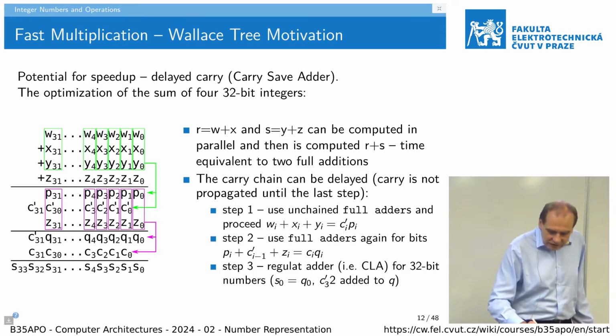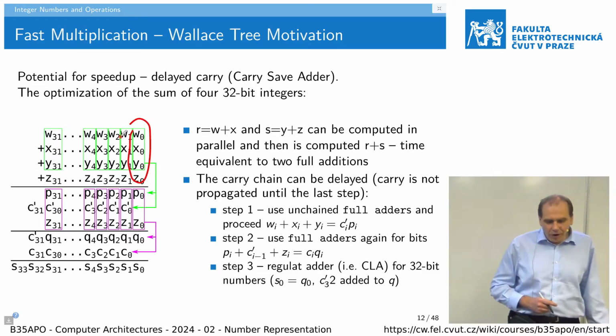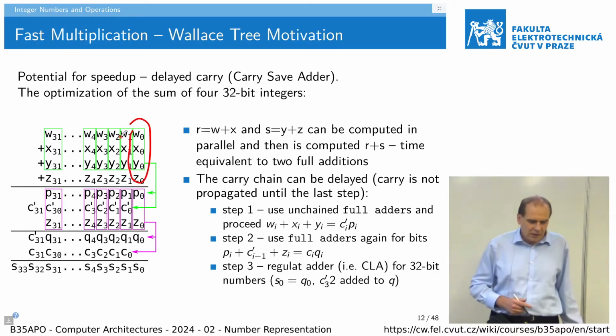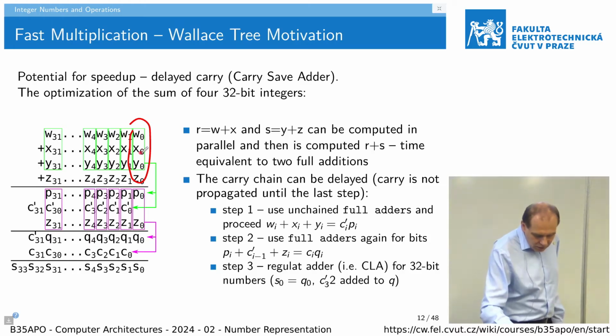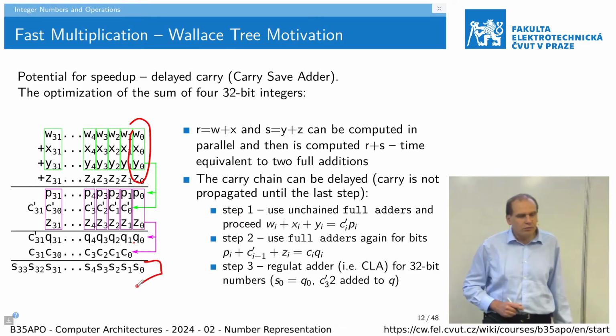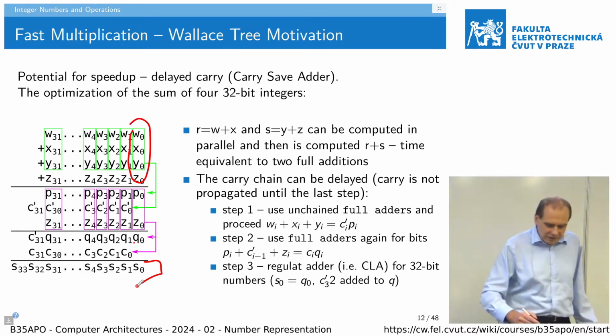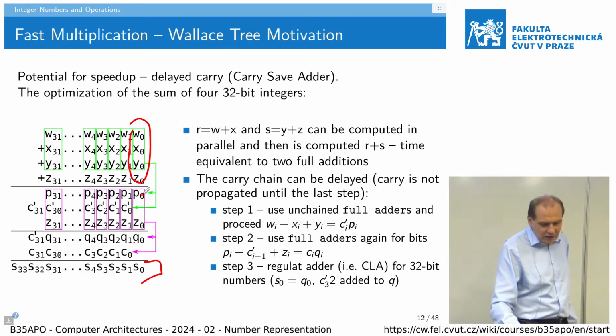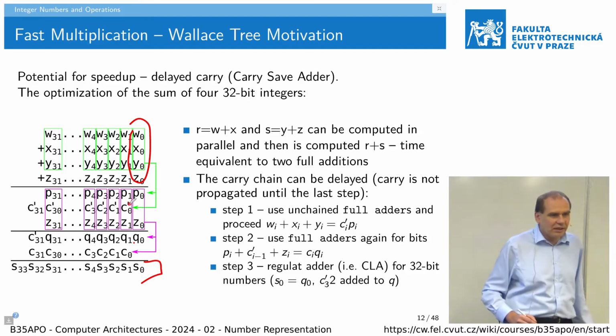So this way, we have built the mechanism to add 4 numbers in 2, 3 steps, and the last one is equivalent to the full addition. But those steps are in fact only propagation through a single gate, so it is much, much faster.